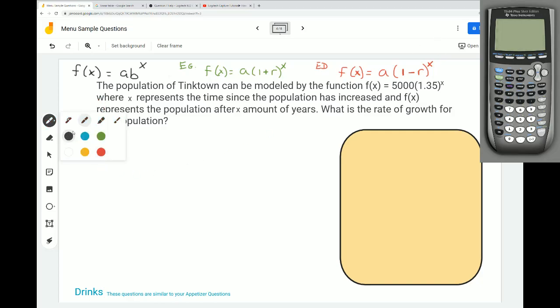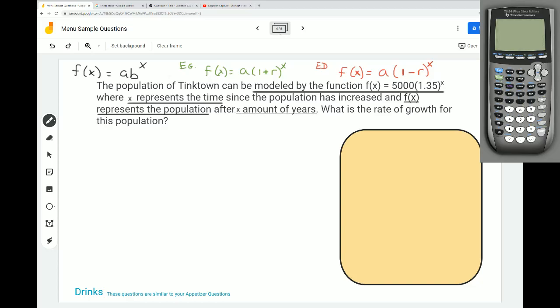Now, we see here that the function can be modeled by the function of x is equal to 5,000 times 1.35 to the x power, where x represents time, and the function of x represents the population after x amount of years.